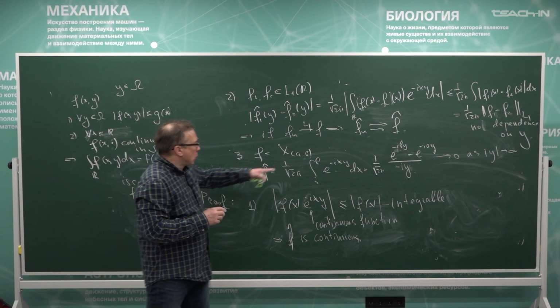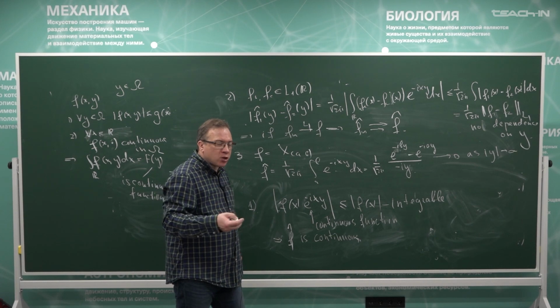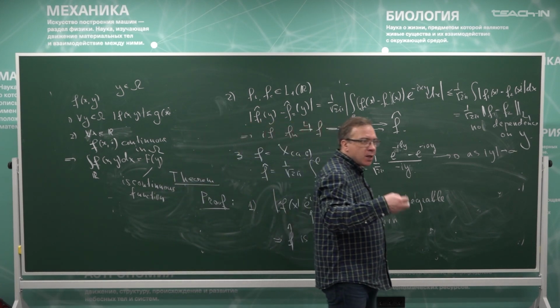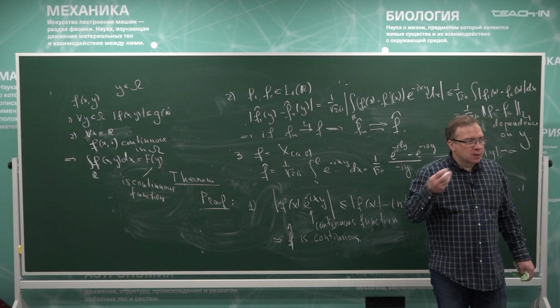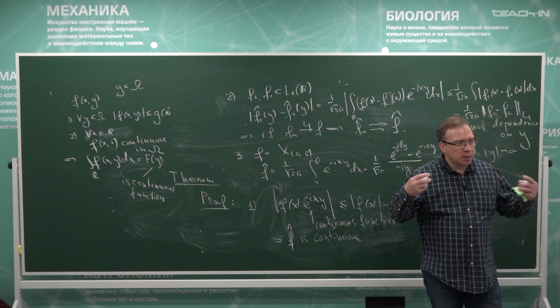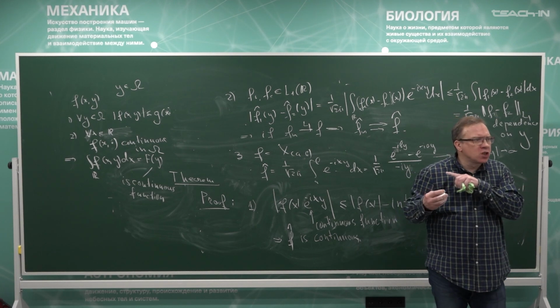But what can we do with the indicators? Any measurable function can be approximated by a linear combination of step functions, that is, by a linear combination of characteristic functions.